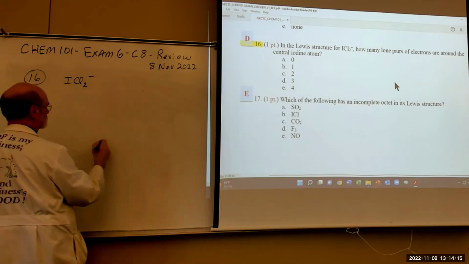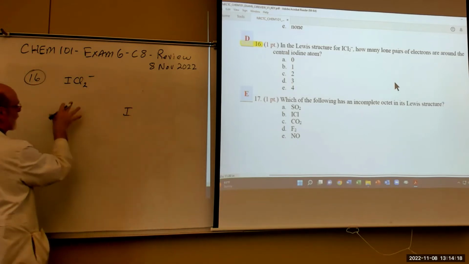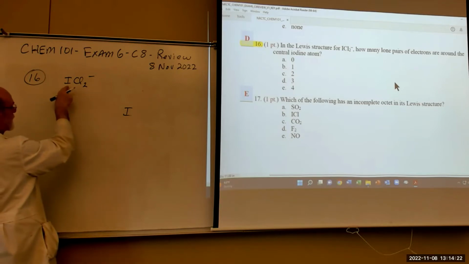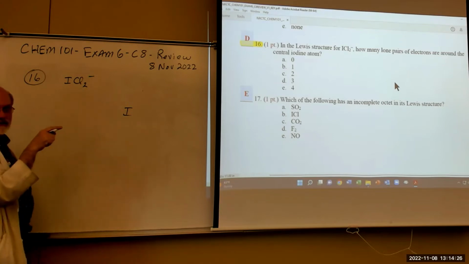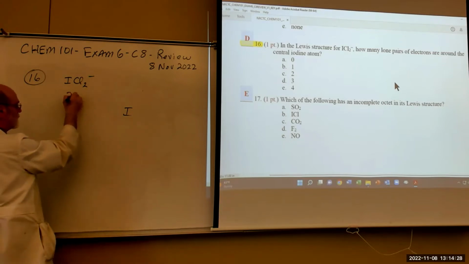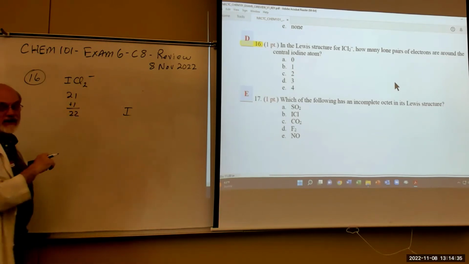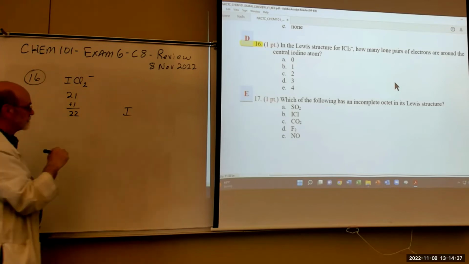Iodine's in the middle. So how many electrons do we have to deal with here? We've got 7 for iodine and 7 for each chlorine. So 3 times 7 is 21, right? But we got that extra one. So we actually have 22 electrons to deal with.